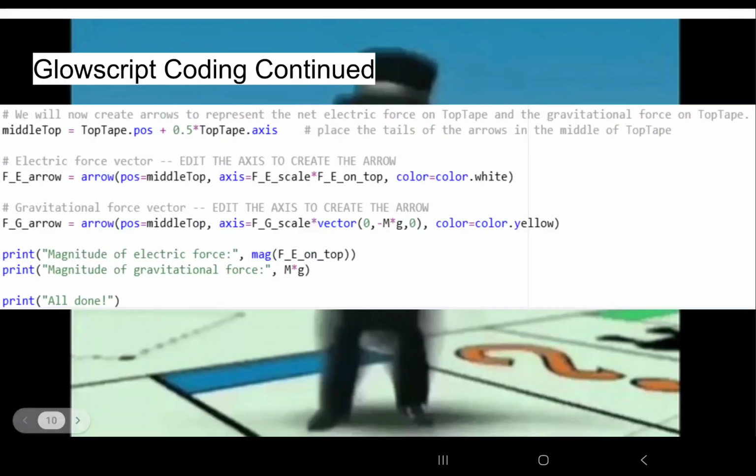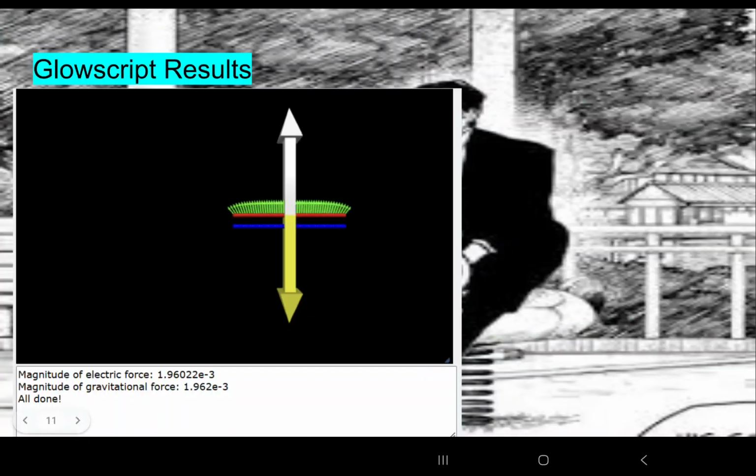For our final part of the code, we make the arrows to show the electric and gravitational forces along with printing out their magnitudes. This is the result of all of that code, and as you can see, the forces are roughly equal and opposite.